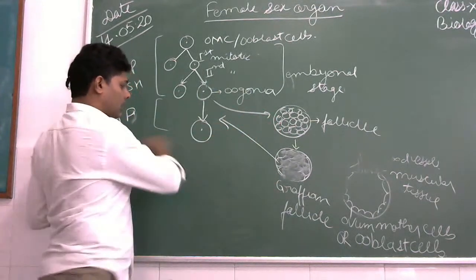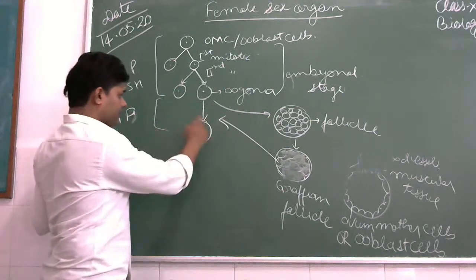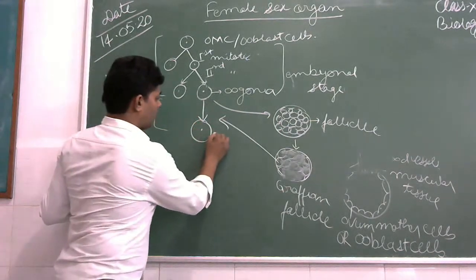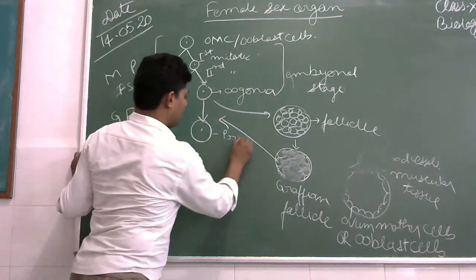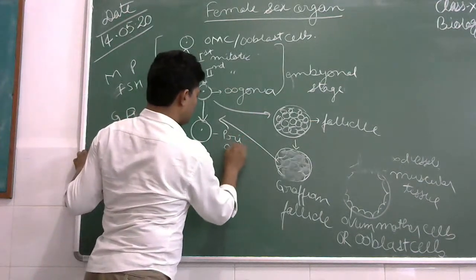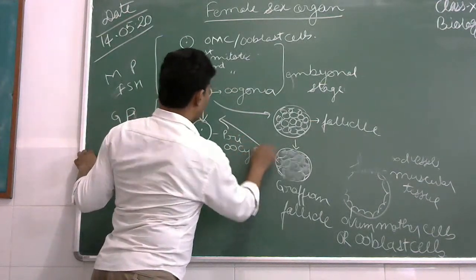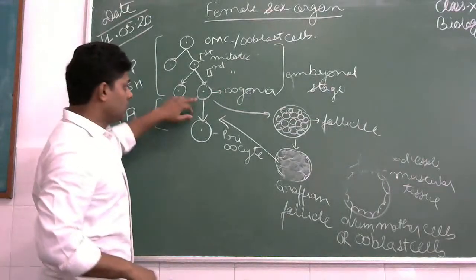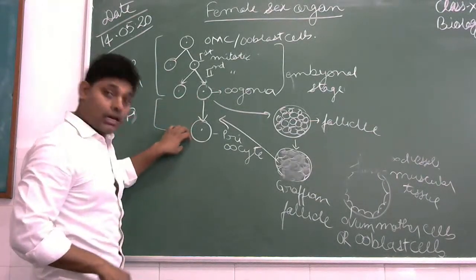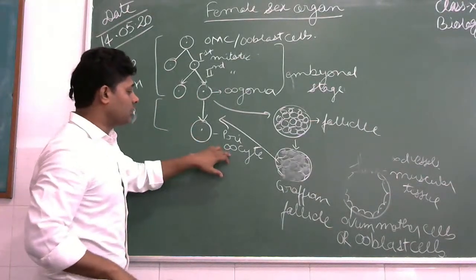Now this Graafian follicle is known as the primary oocyte. So when the oogonia become enlarged, they are termed primary oocytes.